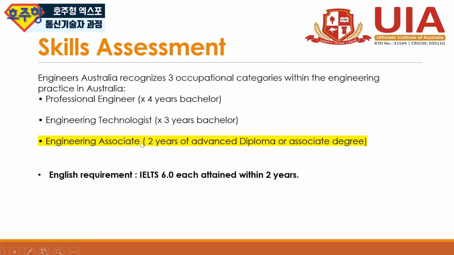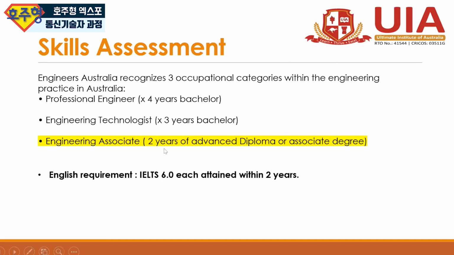Normally, for this level of qualification, if you are applying for skills assessment, you need a 2 year advanced diploma. But at UIA, Ultimate Institute of Australia, you can finish in 1 year because we created pathways. Other institutions don't have pathways, so their qualification duration is much longer, that is 2 years.